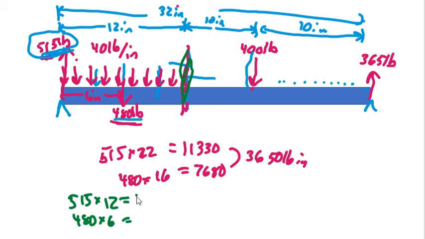This one works out to be 6180, and the other one is 480 times 6, 2880. One's positive, one's negative. 3300 pound inches. So I go back to this.